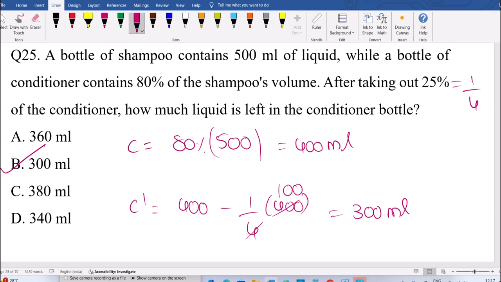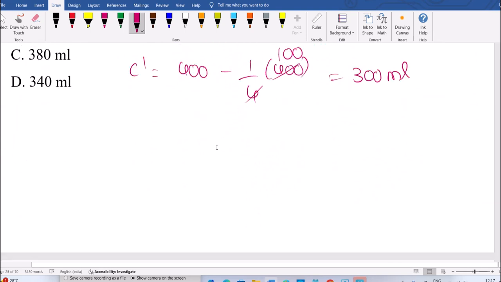You remove 25%, which means 25% from conditioner, 25% from the other. But the question is what conditioner is left. So 25% means 1 by 4 removed, 300 ml. The total 500 ml may be a mixing of water plus some liquid, the conditioner mixing. The other one also has 25% gone, this also 25% gone. So 300 ml is the answer, not 360 here.